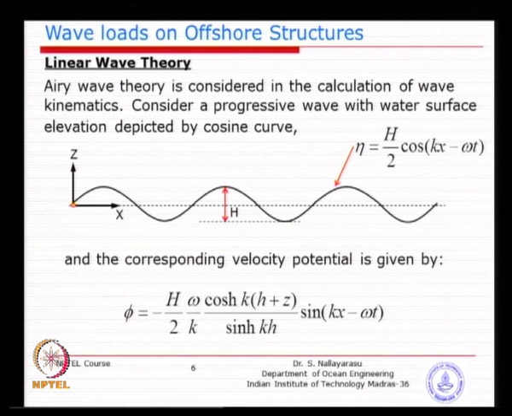So, for a nonlinear wave you won't write H by 2, you write A or other notations accordingly, and the corresponding velocity potential that you could derive using either a linear waveform or nonlinear waveform is something that you will learn over a period of time in the hydrodynamics course.